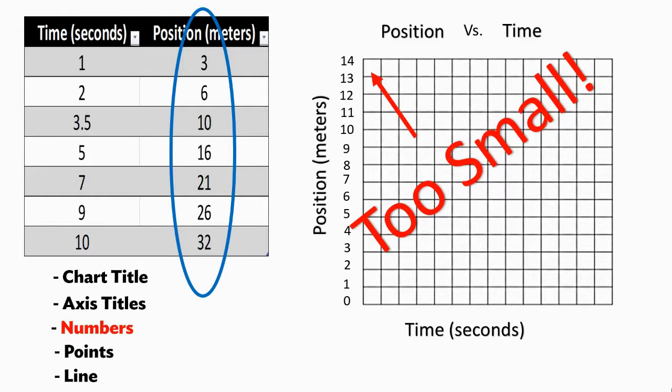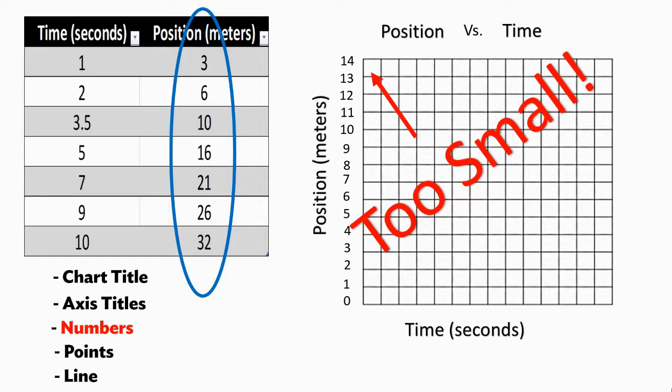So instead, what you need to do is figure out a way to draw the numbers so that each box represents the same number of meters, but when you get to the top, you are not below 32, right? And to make the graph look good, you want to be not too far above 32 as well.